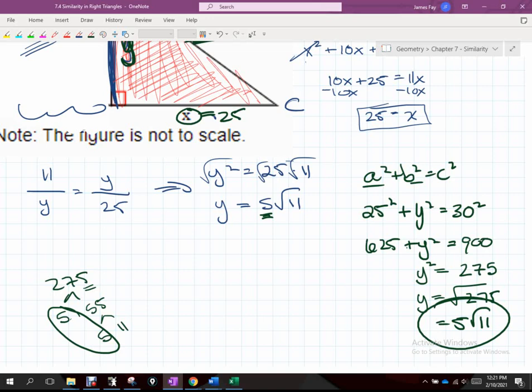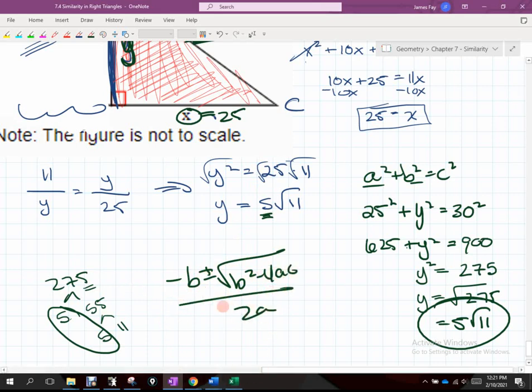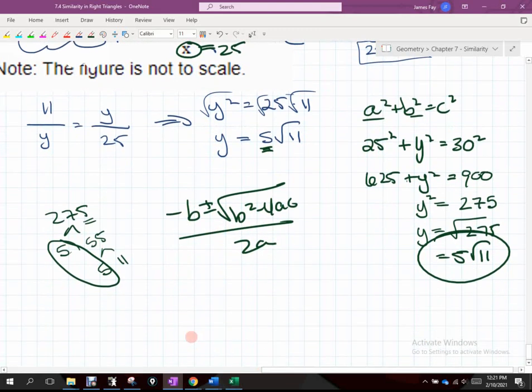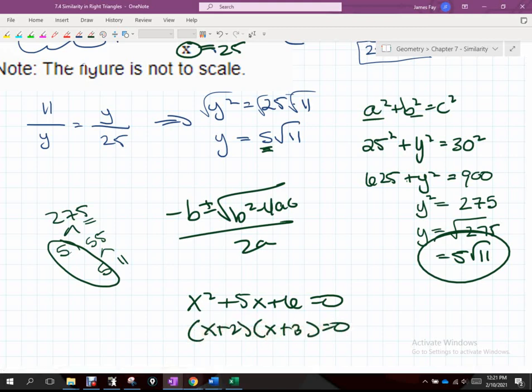The quadratic formula. So that quadratic formula, that will factor. So if I had something like x squared plus 5x plus 6 equals 0, my hope is that we know that factors to x plus 2 and x plus 3 equals 0.